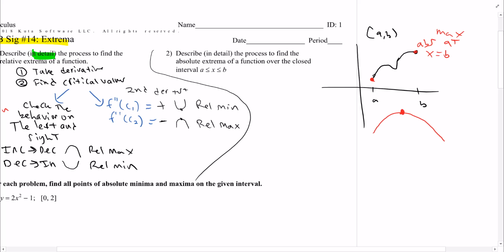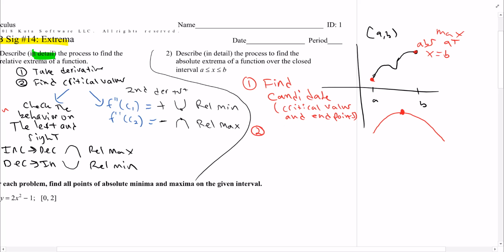So what you have to do here is, one, find critical values. Let's find candidates. We're going to call them candidates, where candidates are critical values and endpoints.